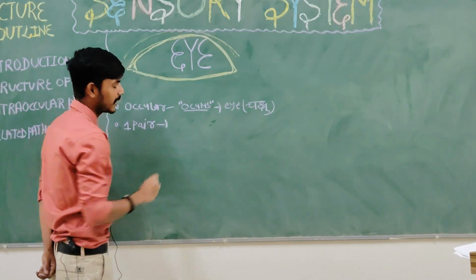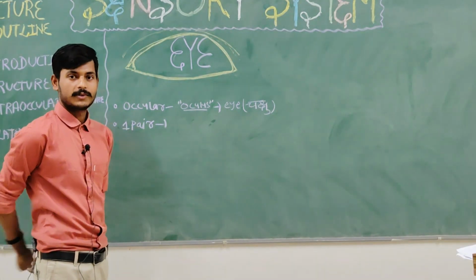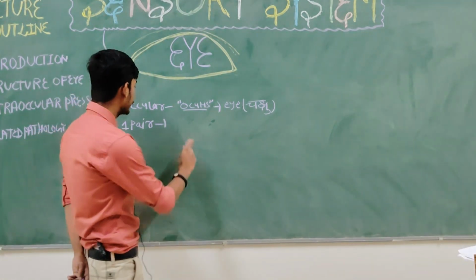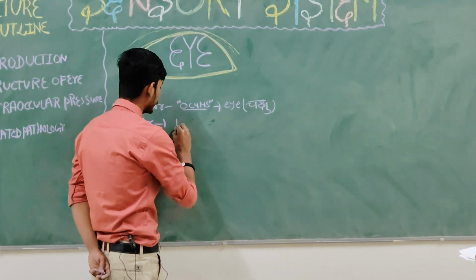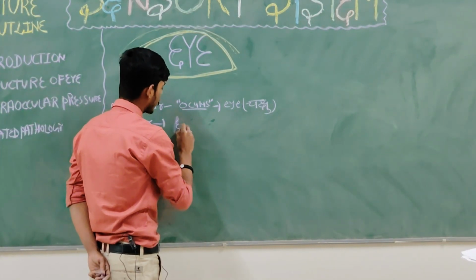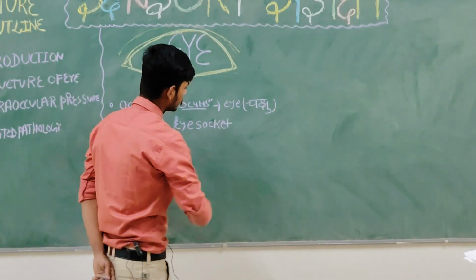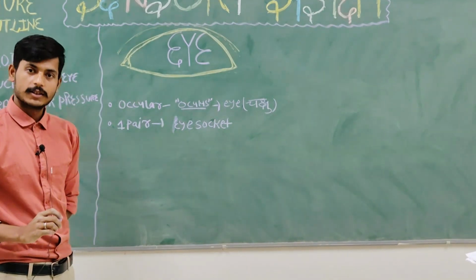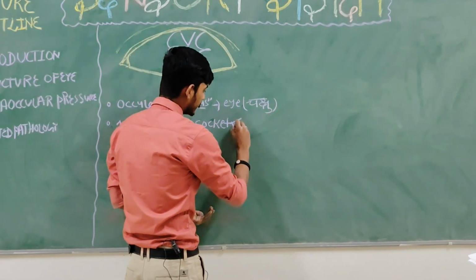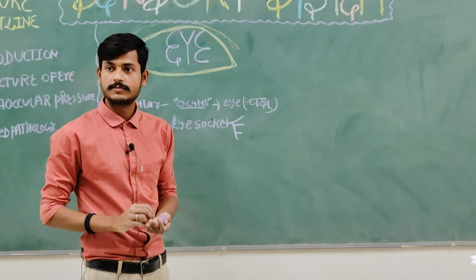These eyes are protected inside the socket, which is called the eye socket. These eye sockets are made up of some bones. Can anyone name these bones?